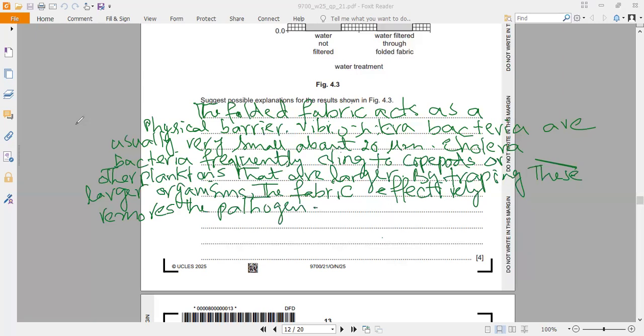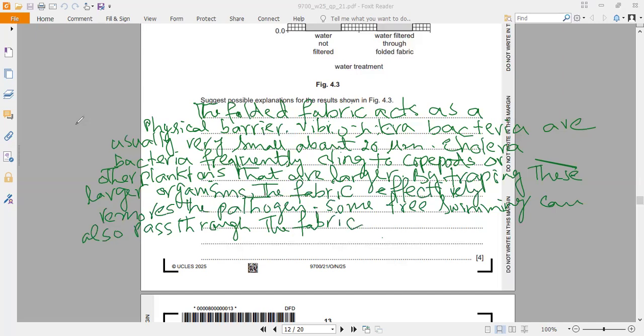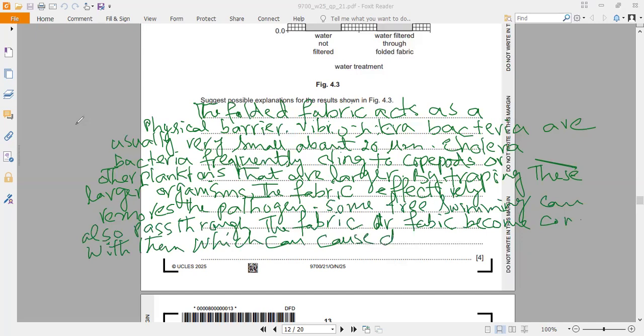So some free swimming bacteria can also pass through the fabric, or the fabric can become concentrated with them, which can cause cholera.